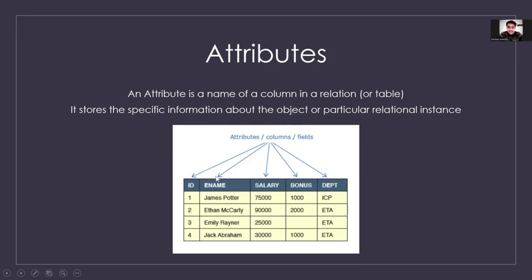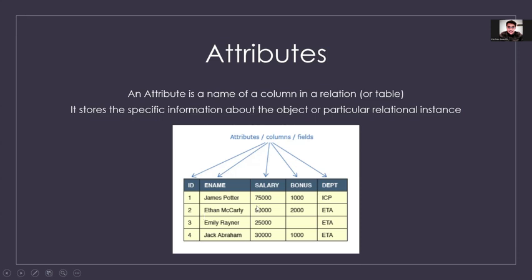We can represent this information with the help of attributes only. 90,000 is depicted with the salary attribute, and Ethan McCarthy with the e-name attribute for that same relational instance.